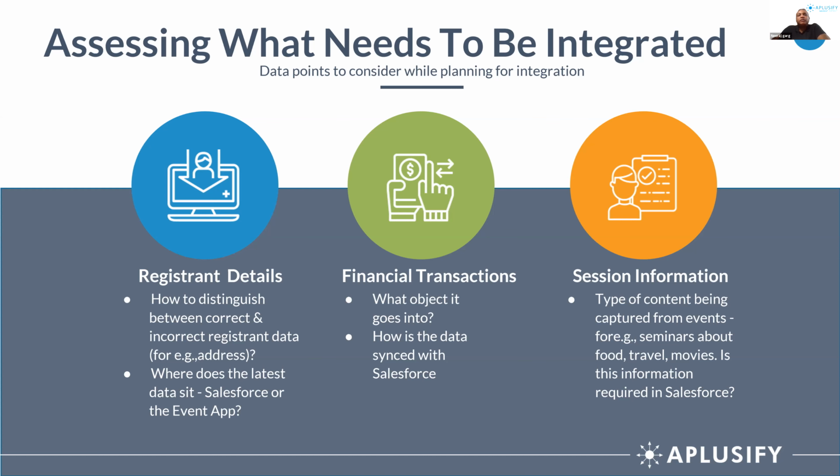That's very important before you integrate. Otherwise, if you just move the data without distinguishing between correct and incorrect data, things will mess up, and incorrect data will flow into correct data and corrupt it as well. So it's very important to make that distinction before you integrate the systems.